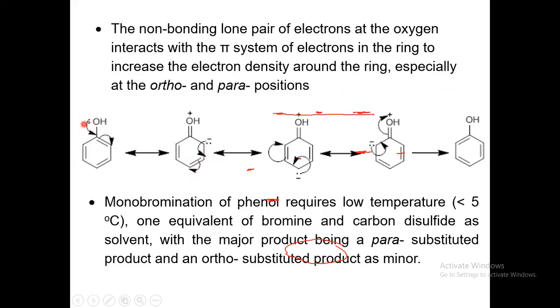Now, we have the lone pair of the oxygen being contributed to this carbon here. Because of the formation of this new bond, the bond between these carbons will break onto this carbon. When it happens, we get our first resonance structure, a resonance or canonical structure.